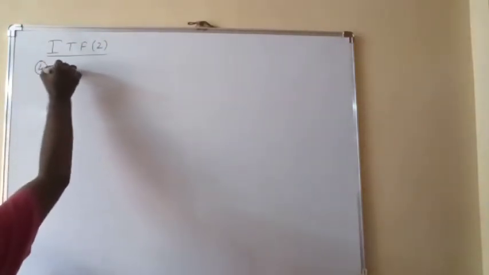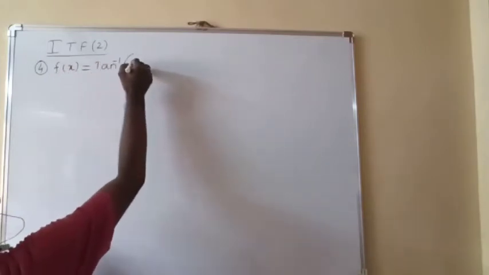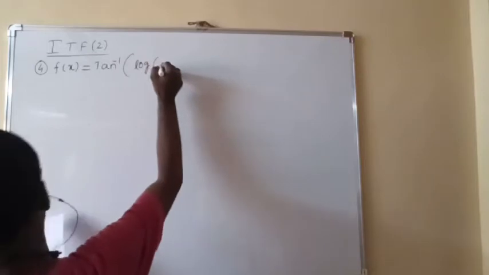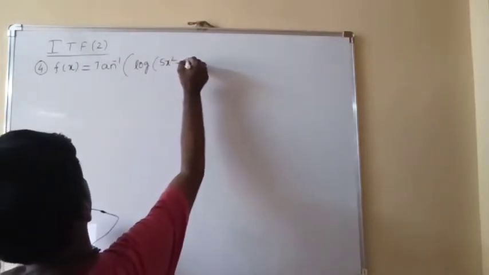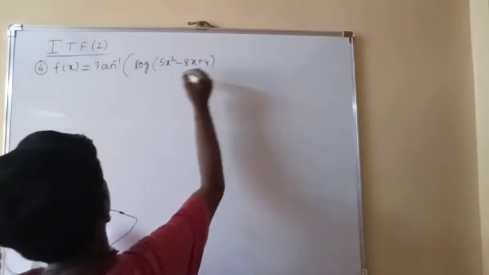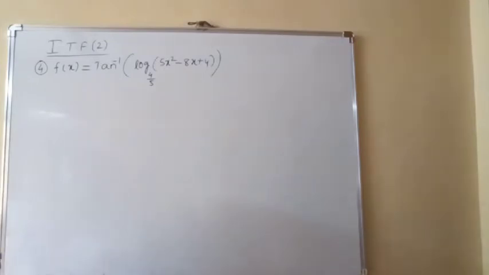Next function, f of x is equal to tan inverse of log of 5x square minus 8x plus 4 to the base 4 by 5. So what is the domain and range of this function?